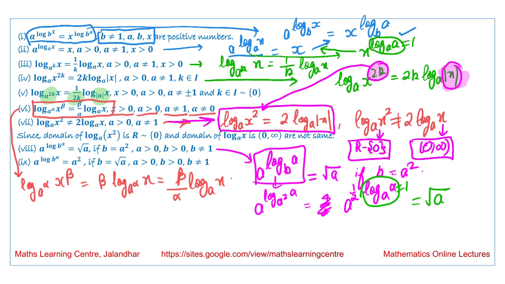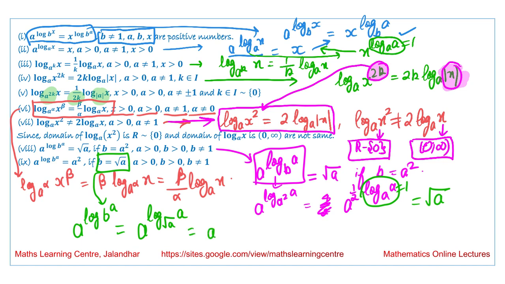Next we have a raised to the power log b to the base a. If we substitute b is equal to square root of a, we have a raised to the power log base square root a of a.